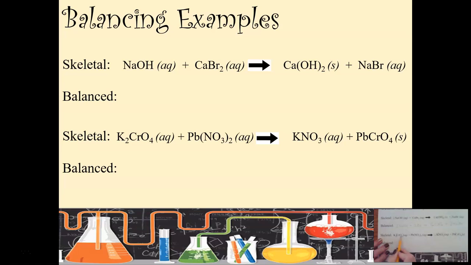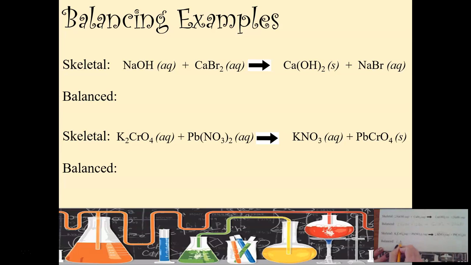I have 1 chromate. Okay, there's no subscript here, so 1. So I have 1 chromate. Over here I have 1 chromate. Okay, so I don't need to balance that. Chromates are balanced. 1 lead, 1 lead. 2 nitrates, 2 NO3s. Over here I have 2 NO3s because remember that 2 applies to not only the potassium but also that nitrate. So it's balanced just with that 2.